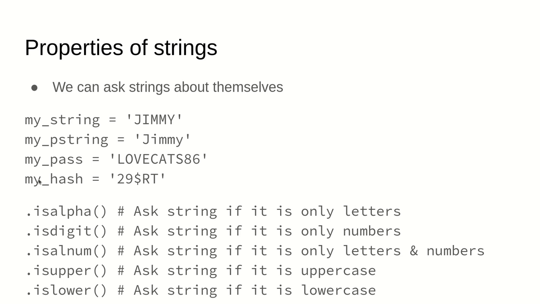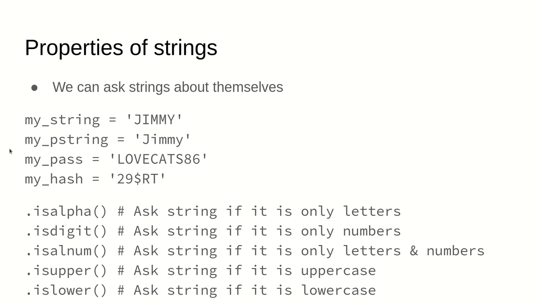For example, if I were to say myString.isAlpha, I would get true as a result, because isAlpha asks the question about the string that comes before the dot: does that string contain only letters?